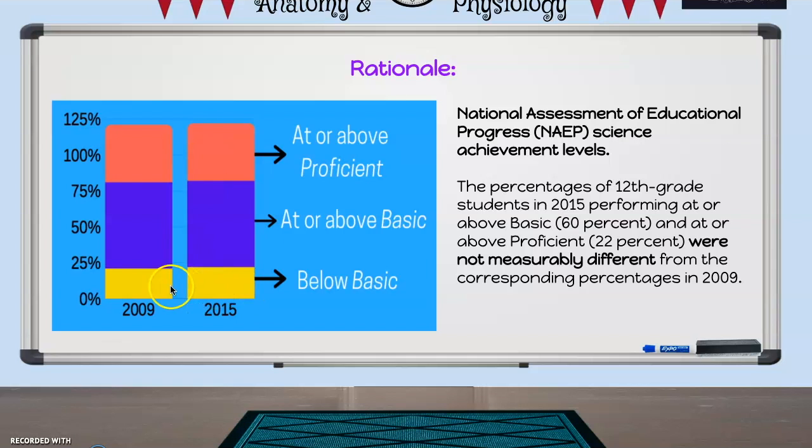And then you'll also notice that below basic has also stayed the same. So there is no measurable difference from the corresponding percentages from 2009 to 2015. So it looks like everybody is remaining stagnant, and I really want these numbers to grow, the at or above basic to increase, and then the at or above proficient to increase.